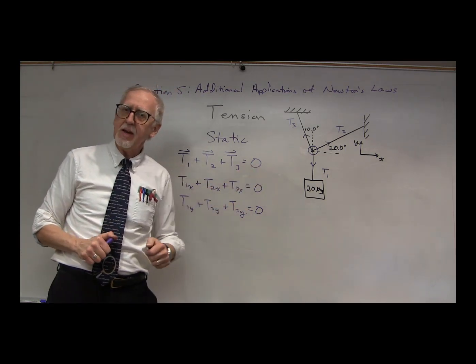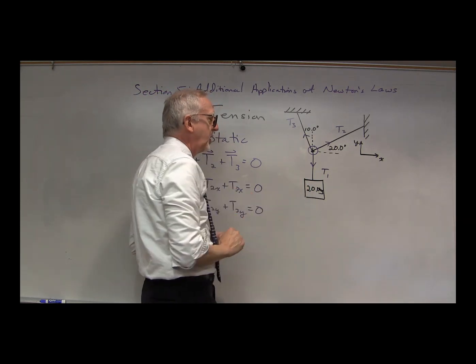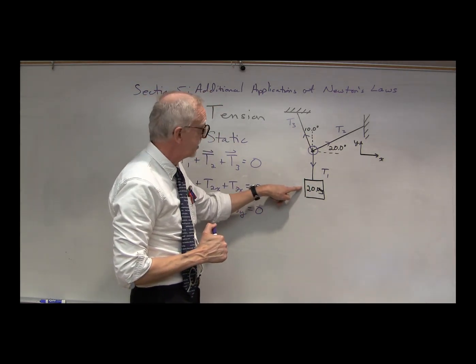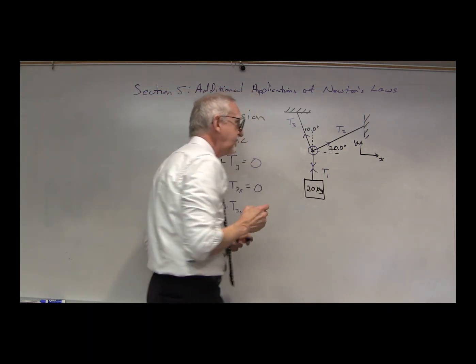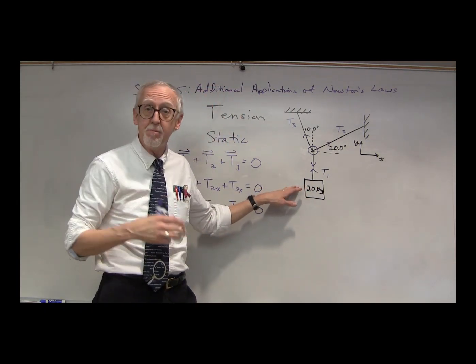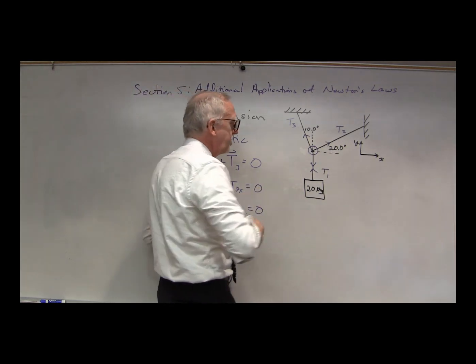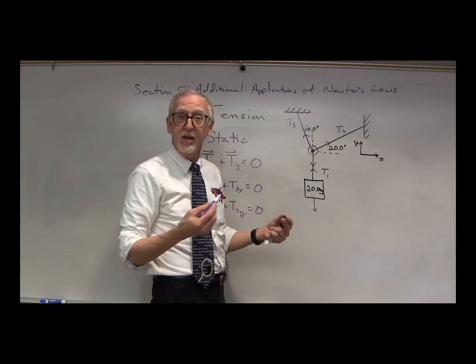Well, let's see if we can make any headway with this. First, let's come back to T1. Let's look at the 20 kilogram mass. We know that T1 is going to be pulling upward on it. And if the 20 kilogram mass is stationary, we know that T1 must just balance the other force that's acting on the 20 kilogram mass, which is its weight.